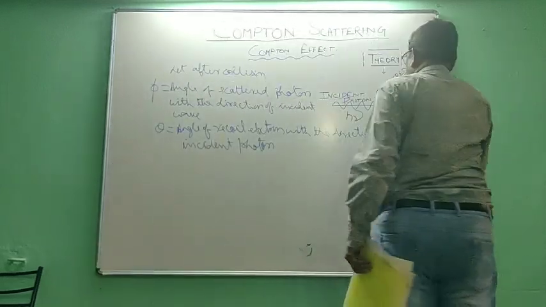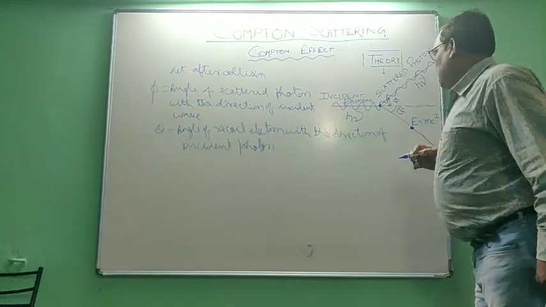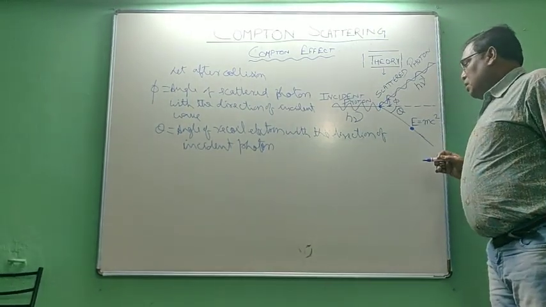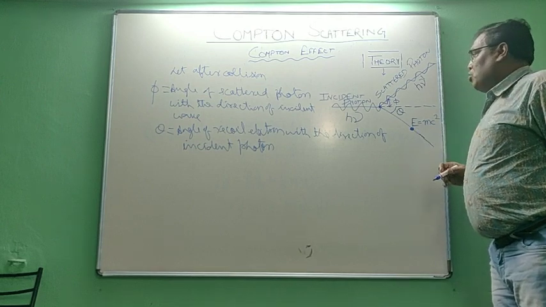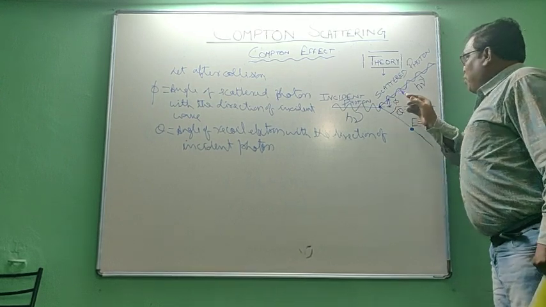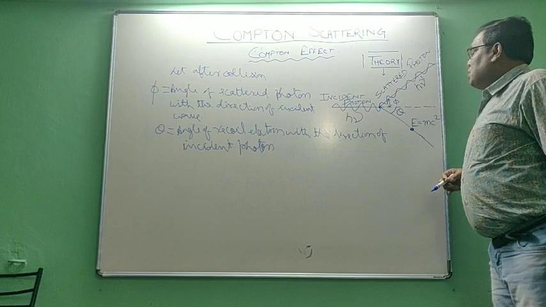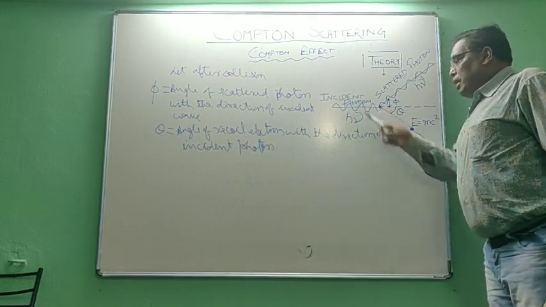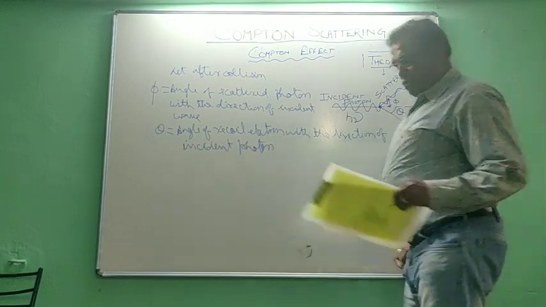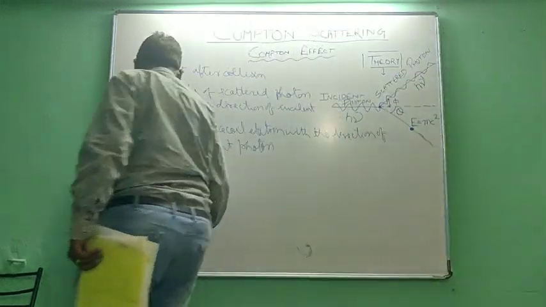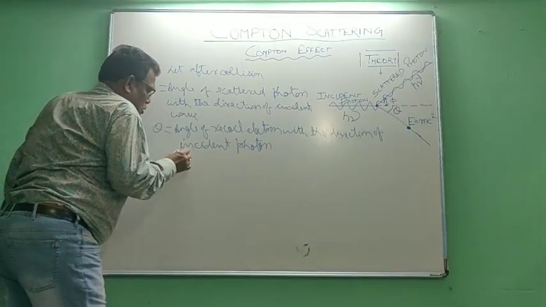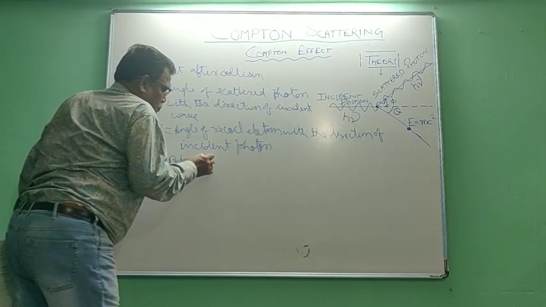Here this dot represents one of the electrons of the scatterer, and this dot represents the recoil electron. This wavy line represents the scattered photon, and this represents the incident photon. So let us see what happens before collision.